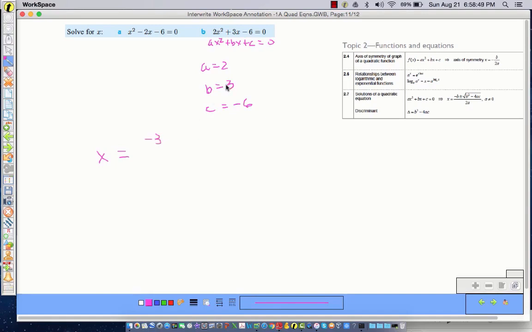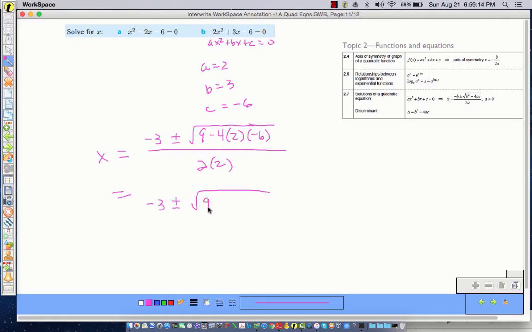Now if this were -3, then this part right here would be +3, plus or minus the square root of b squared, which is 9, minus 4 times 2 times -6, all over 2 times a. So I got to clean up in here, -3 plus or minus the square root of 9.